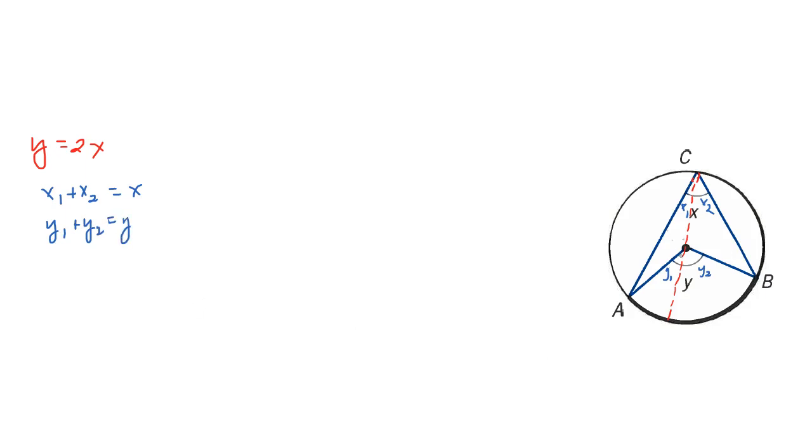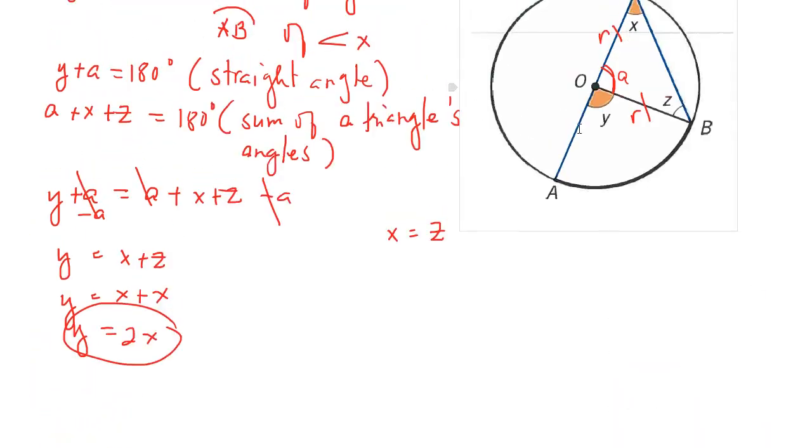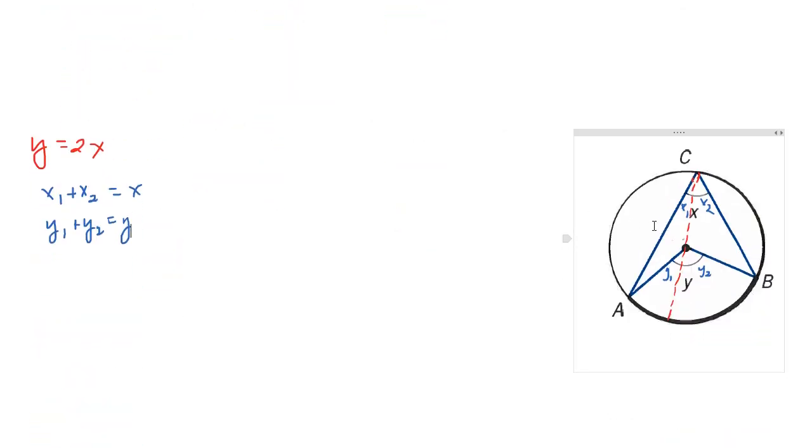Now you can see this is a diameter. The first proof that we have done is for a diameter. So according to that, we have y sub 1 is equal to 2x sub 1, and y sub 2 is equal to 2x sub 2.